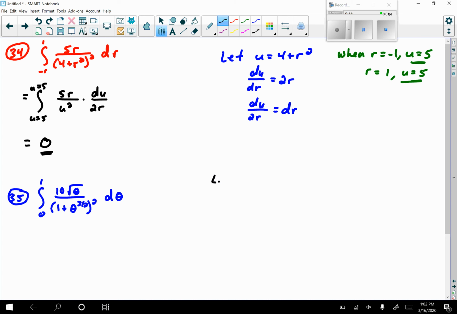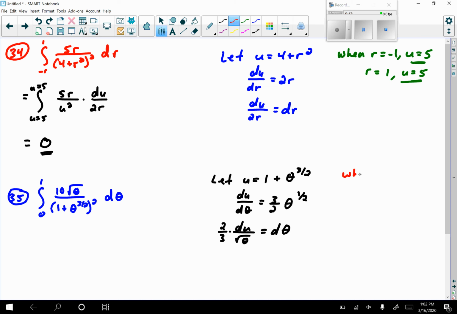Let's let u equal this 1 plus theta to the 3/2. du over d theta becomes 3/2 theta to the 1/2, which is 3/2 minus 1. So then for du, I'm actually going to multiply by the reciprocal here, so we'll say 2/3 du over square root of theta, just dividing by this, equals d theta.